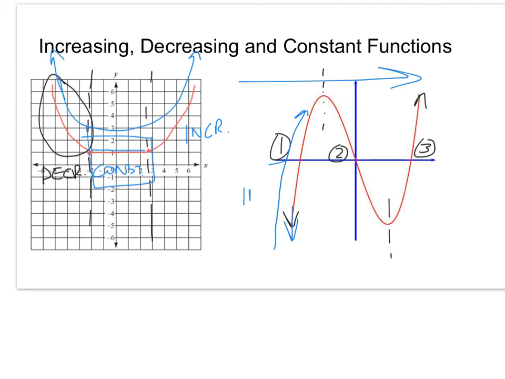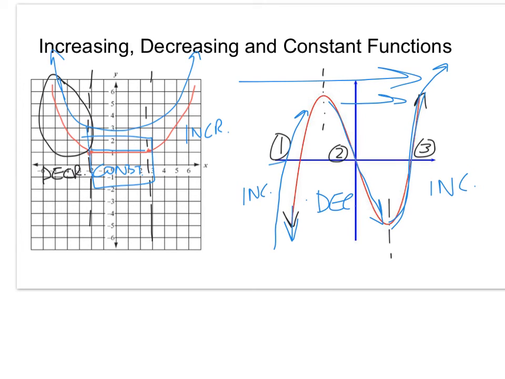So this is an increasing interval. Number 2, as I move, again, to the right, it's generally going down. Okay, so this would be a decreasing interval. And so number 3, as it goes to the right, is going to be increasing in what y is equal to. So yeah, it was down here, but it's increasing as it goes up.